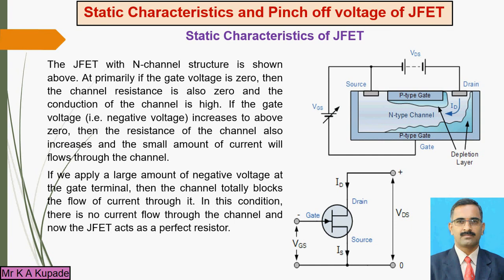As I explained in the previous lecture also, if I am not applying any voltage to the gate terminal, that means I am keeping the gate voltage zero or open, and I apply VDS with the drain terminal positive and the source terminal negative, then the current flows from drain to source through the channel.